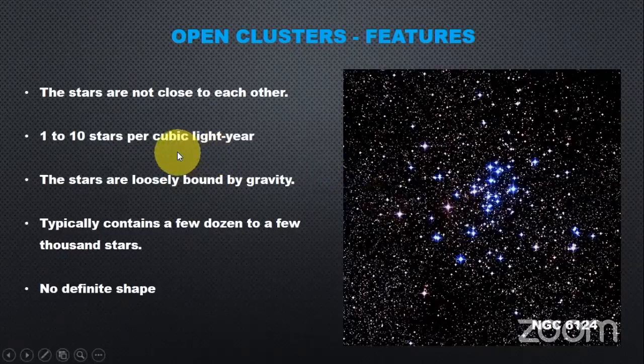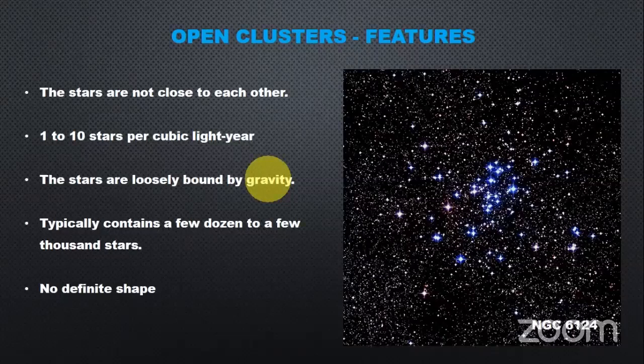Now, there are about 1 to 10 stars per cubic light year, like in a volume of space. We are using light years, okay? Remember, the closest star system to us, the Alpha Centauri system, is about 4 light years away.